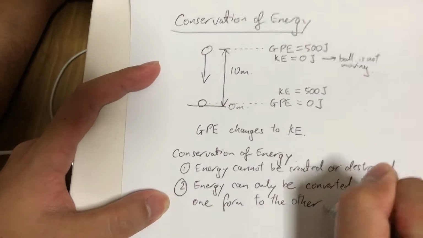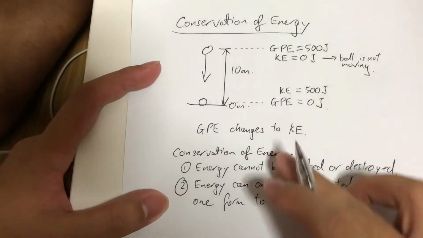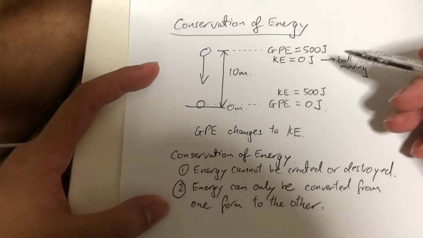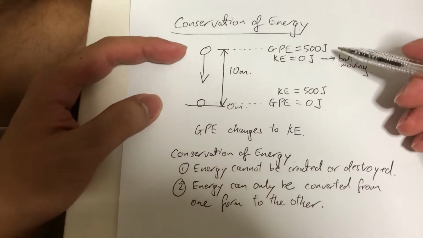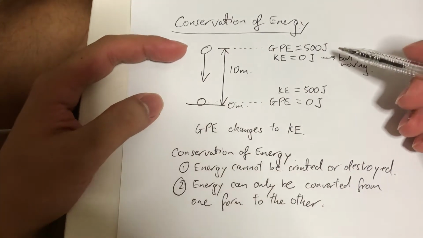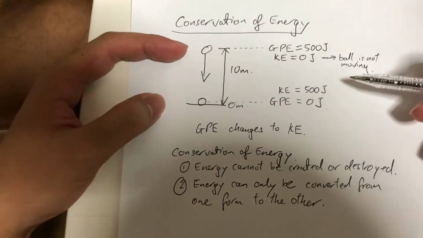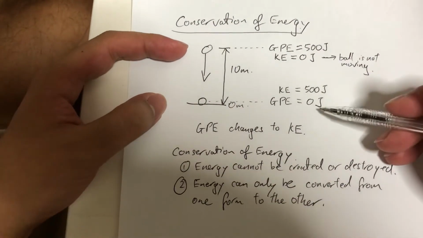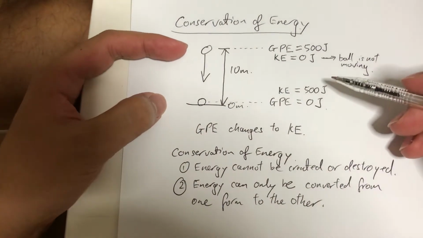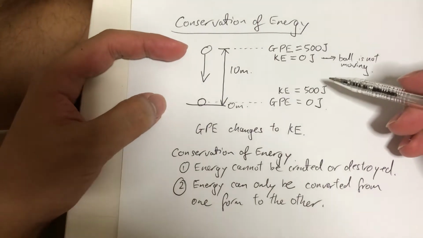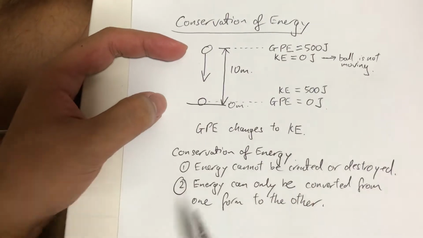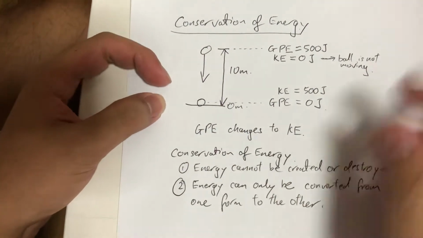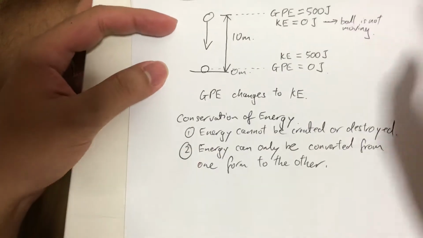So what does this mean? If you look back at what we have done, the gravitational potential energy is changed into kinetic energy throughout the whole situation, but the energy is not lost or destroyed anywhere. So for this conservation of energy, please go and memorize the two portions.